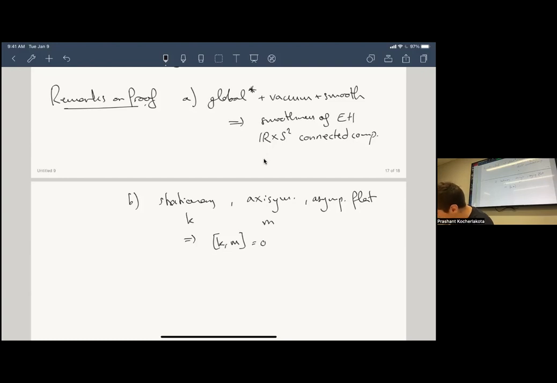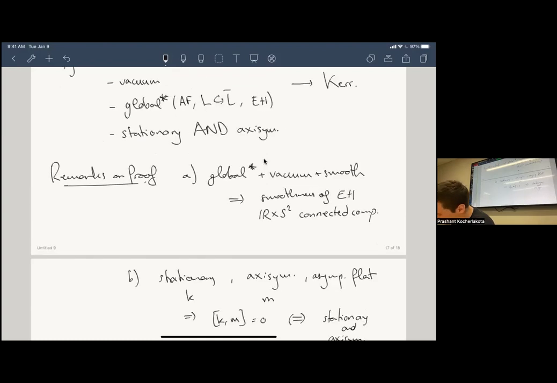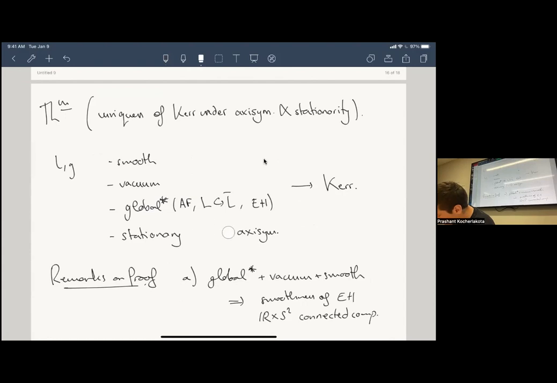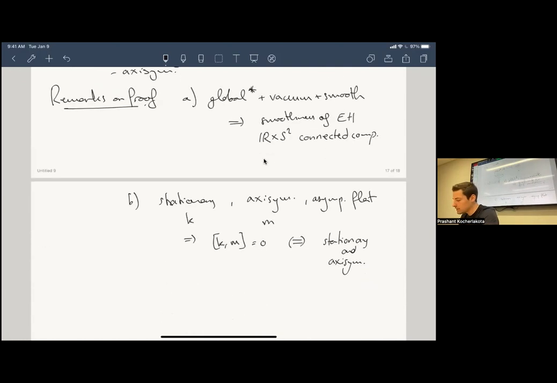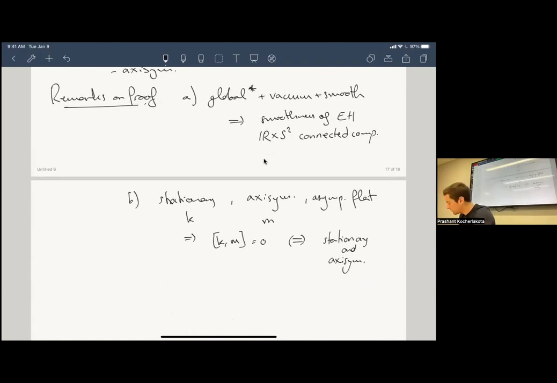When they commute, this means that you're stationary and axisymmetric. The way I defined it last time was that there's something called stationary, there's something called axisymmetric, but something called stationary and axisymmetric is an additional statement about the fact that these guys commute.